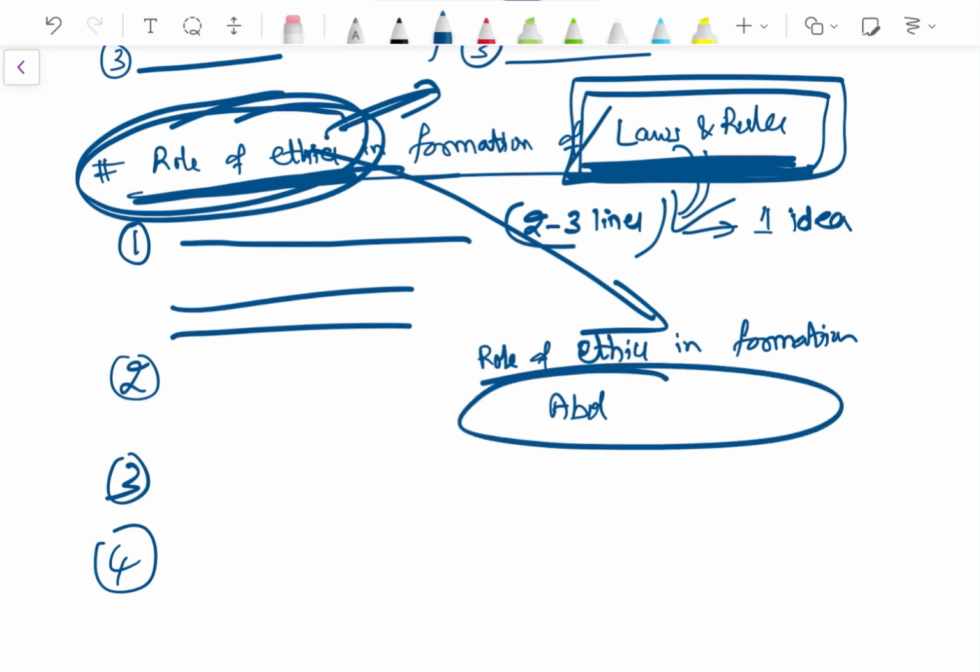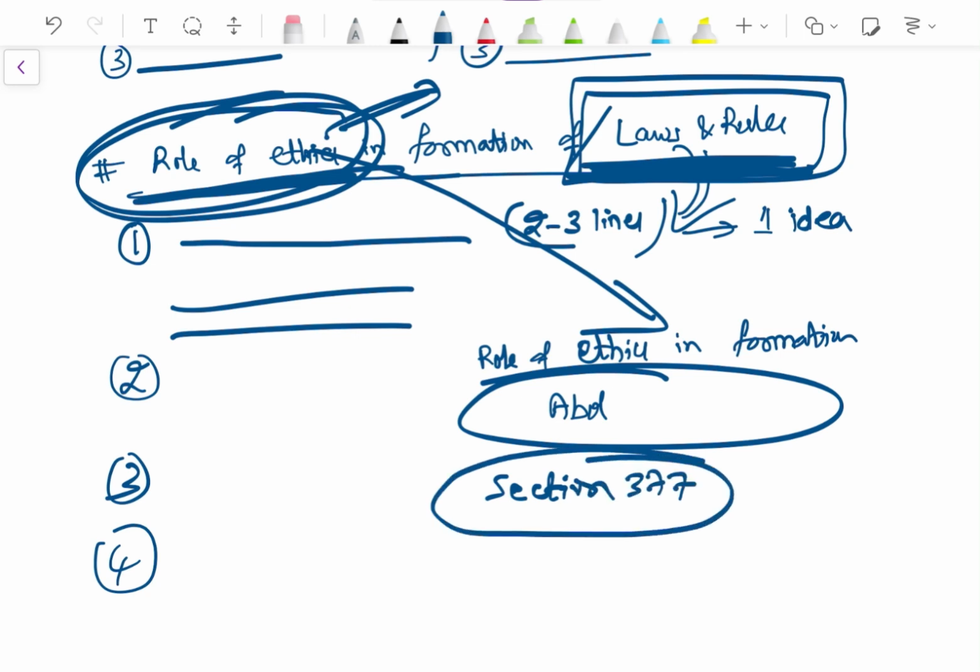So which forced the government to form the abolition of Sati Act. In fact, against section 377, how the ethics of society, which taught homosexuality as natural, has led to abolition of section 377 Act.